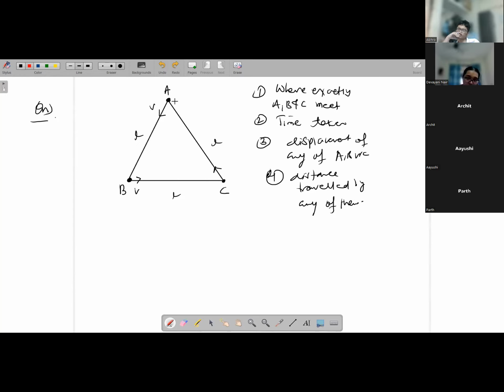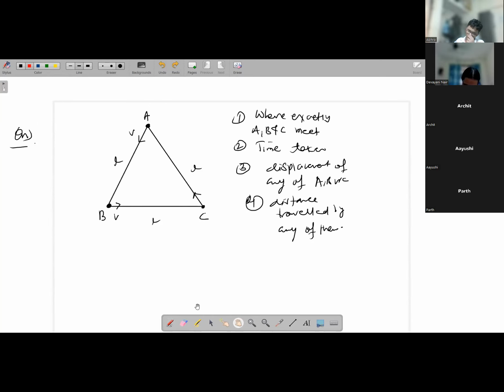Now, I already told you, suppose right now A is heading towards B, B is heading towards C, and C is heading towards A. Now, B will come some distance. Suppose B will come here. But B will not come over here, because none of them will travel on the sides of the equilateral triangle.